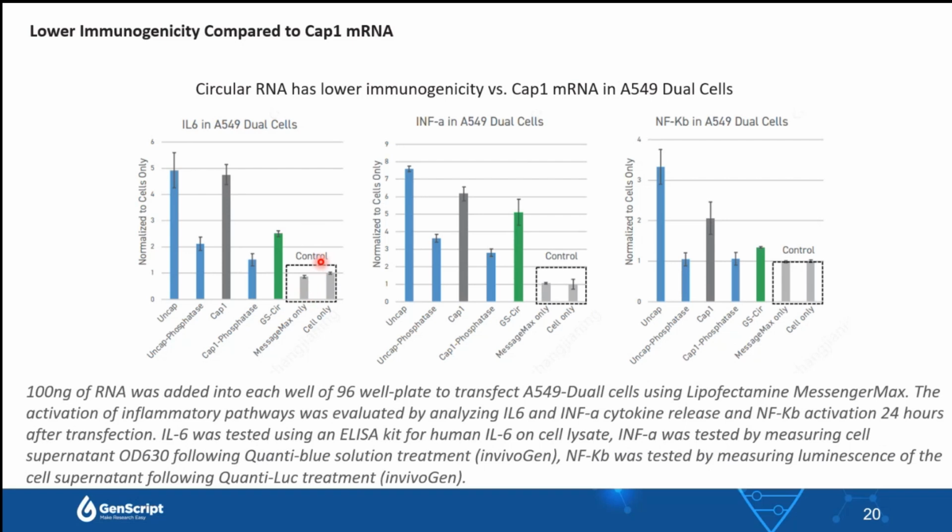The less cytokine expression means the lower immunogenicity. And the gray one is Cap1 mRNA.